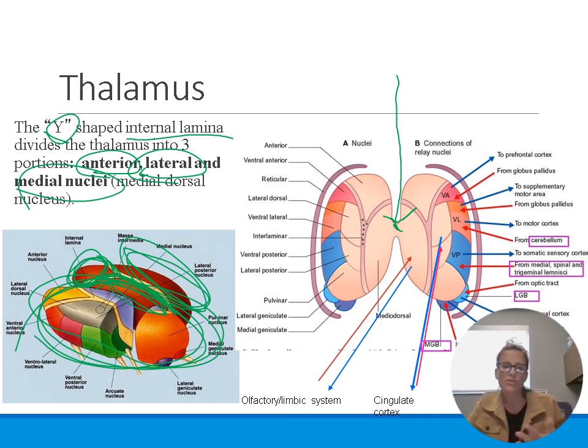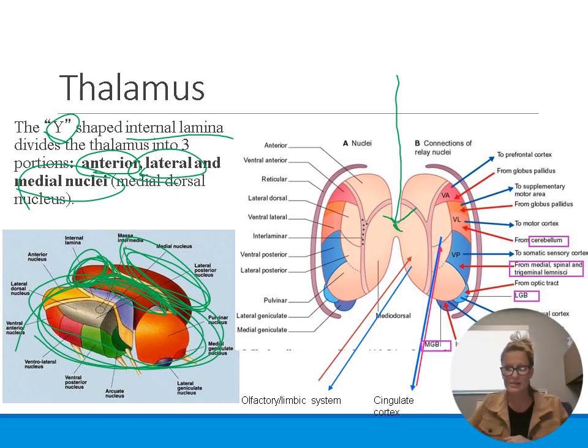So it has pathways that connect to the auditory cortex, so auditory pathways. It has visual pathways. It has motor pathways, like there's info coming from the cerebellum, and there's info going to the motor cortex.